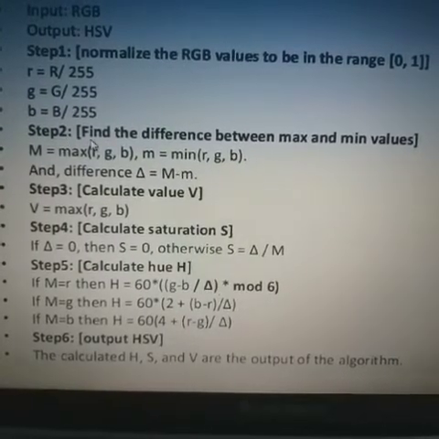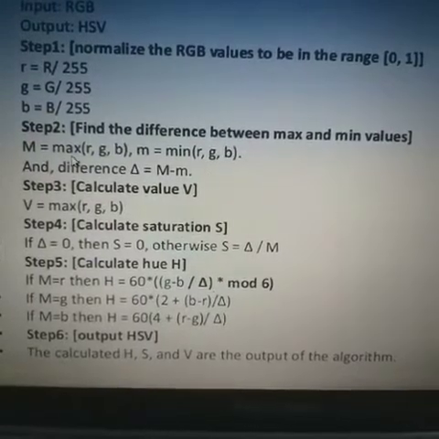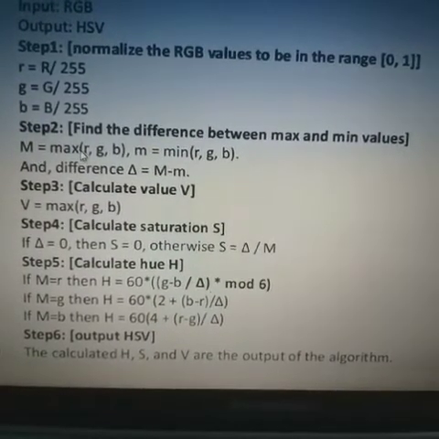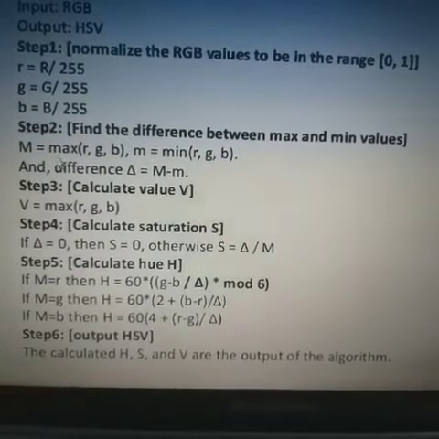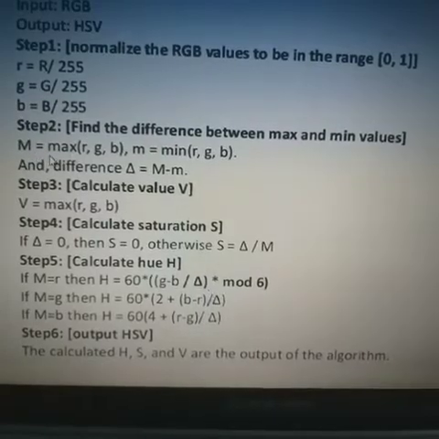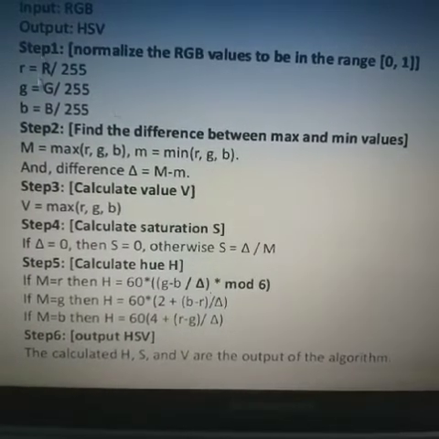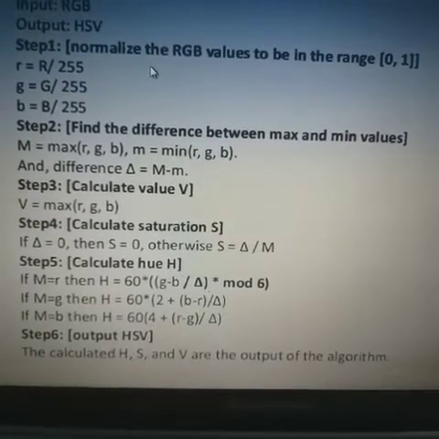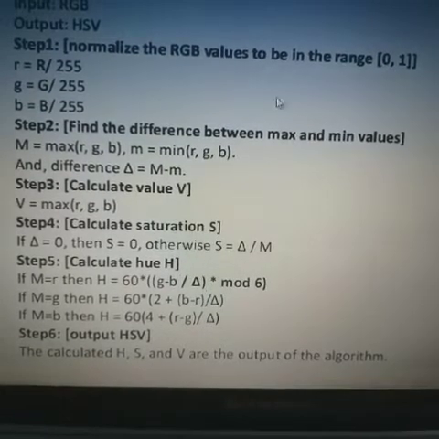So step 2 is to find the difference between the maximum and the minimum value. Capital M represents the maximum value and small m represents the minimum value. From these RGB values we get values like 0 point something, 0.5, 0.6, 1, ranging from 0 to 1.